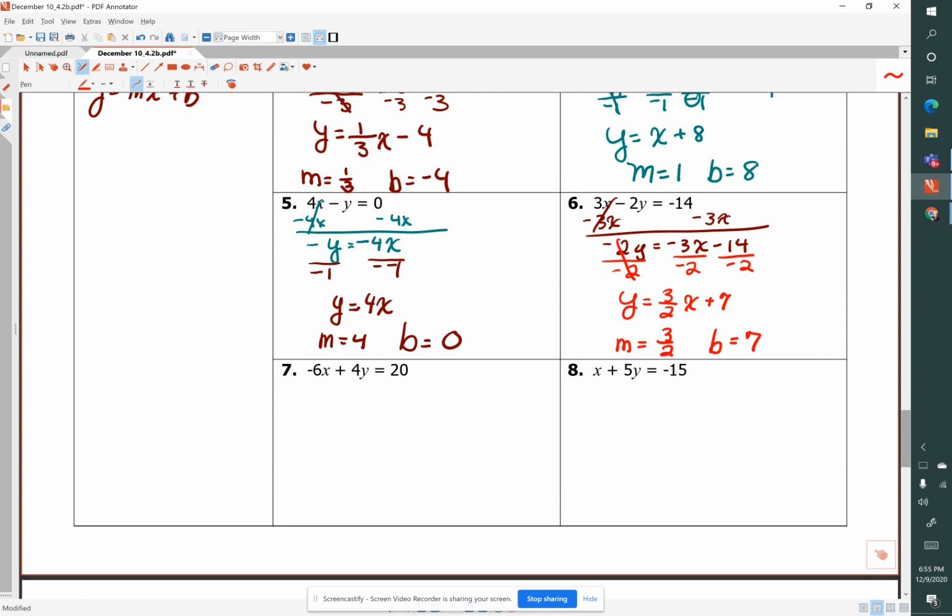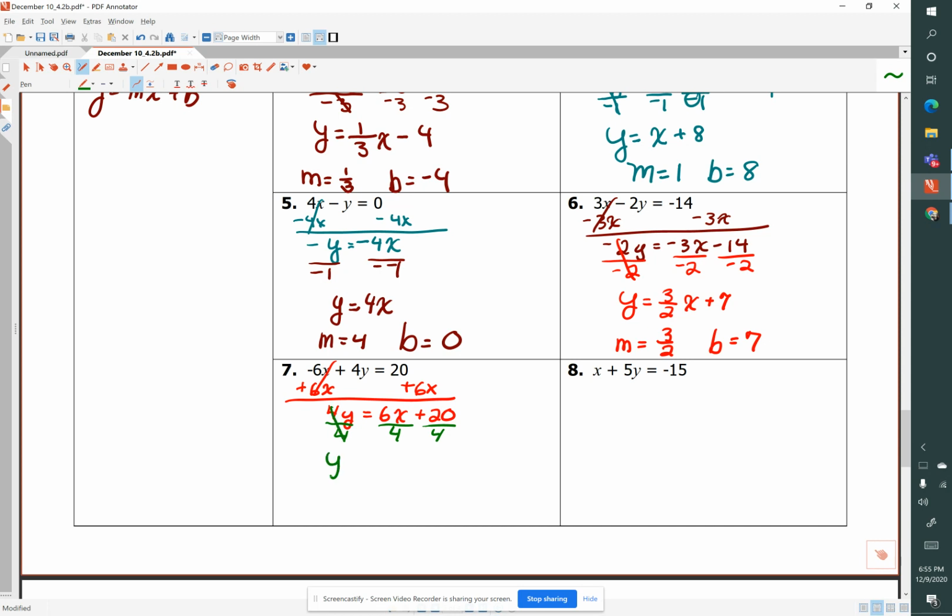And now let's look at numbers 7 and 8. So we'll start by adding 6x to each side of this equation. So now I've got 4y equals 6x plus 20. Now, my next step will be to divide everything by 4. We've got 3 terms here, and usually that is what we'll have unless something equals 0.